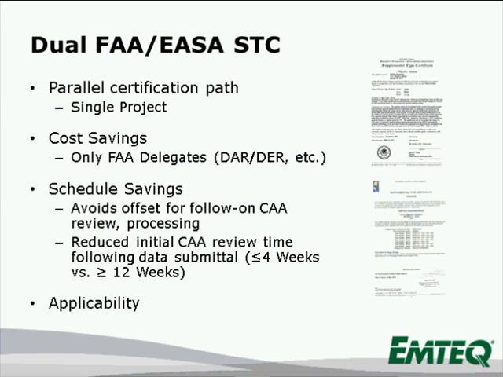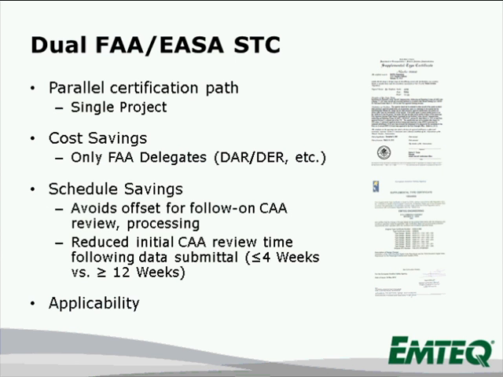In terms of schedule, there's a large means of schedule savings when it comes to review time by the Civil Aviation Authority. Typically, we figure EASA takes approximately up to 12 weeks to review a data package once it's submitted, whereas with the FAA, we can typically do that in about a third of the time if it's needed.